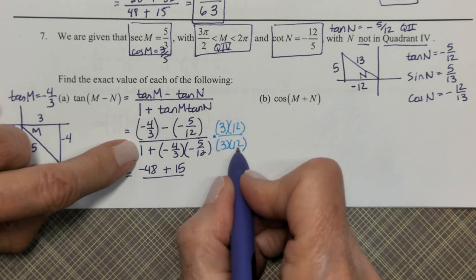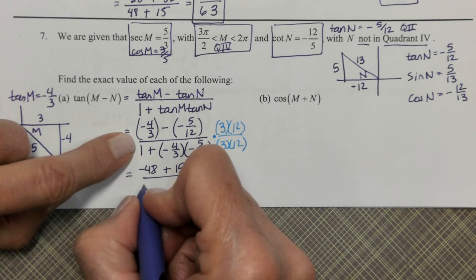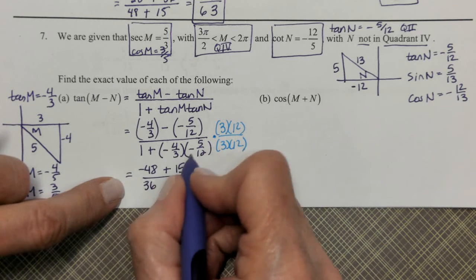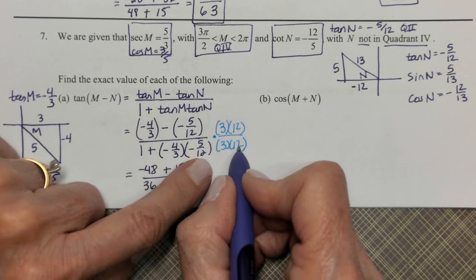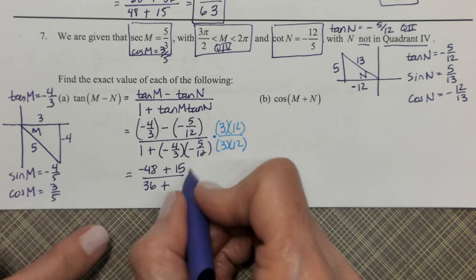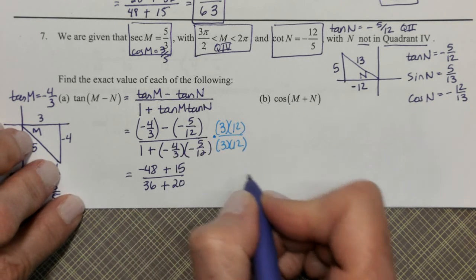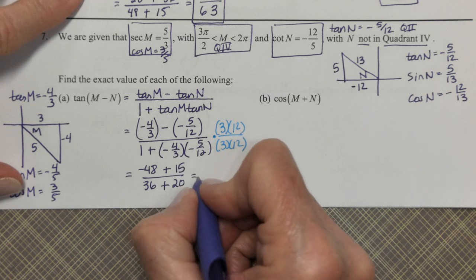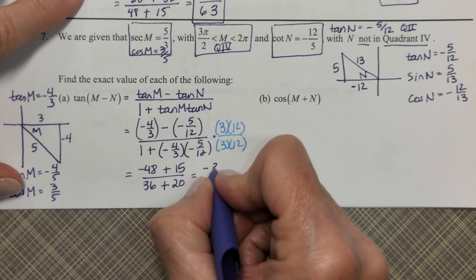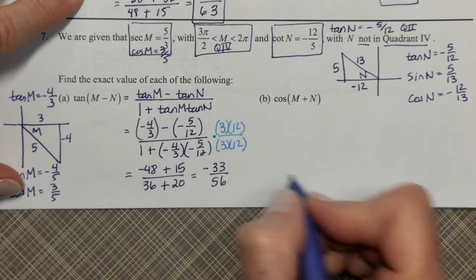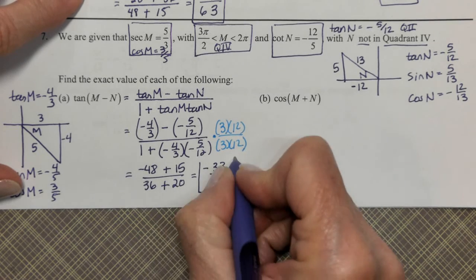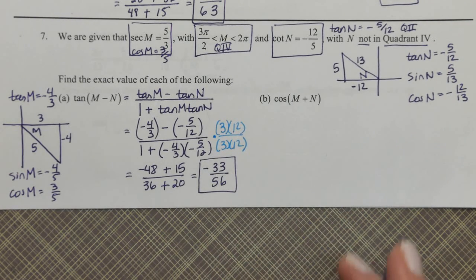Then 3 times 12 is 36, times that 1, 36. Here I'm going to have a plus. The 3 and the 12 both cancel. I'm just left with 4 times 5. So this is going to be a negative 33 divided by 56. Not bad.